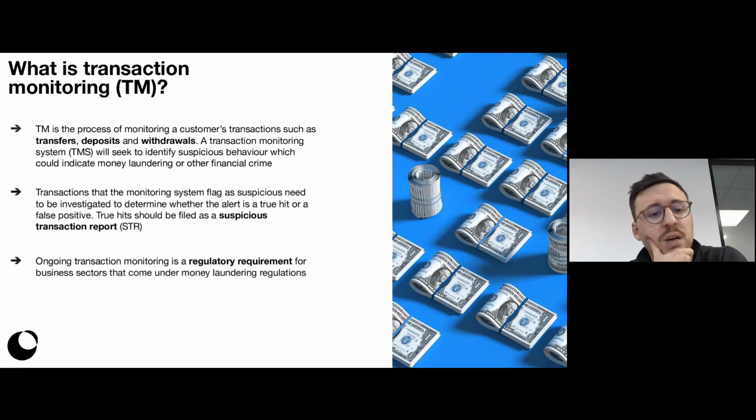And the TMS, the transaction monitoring systems, are at the center of the anti-financial crime arsenals that financial institutions have built. It is a strong regulatory requirement in that business sector for the financial institutions that are under the money laundering regulations.